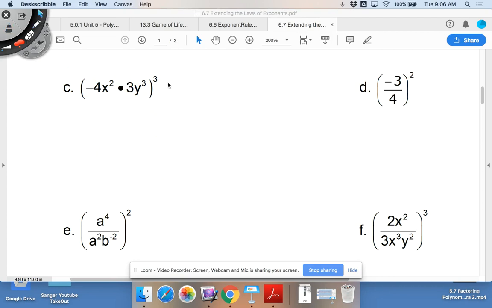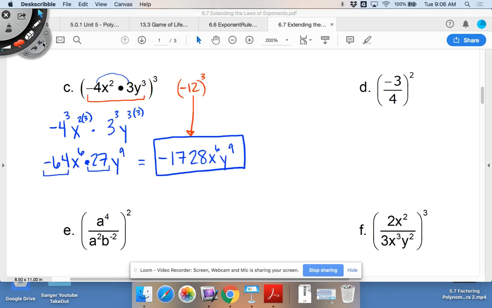So on D, oh, sorry. On D, I want you to see it's a fraction.